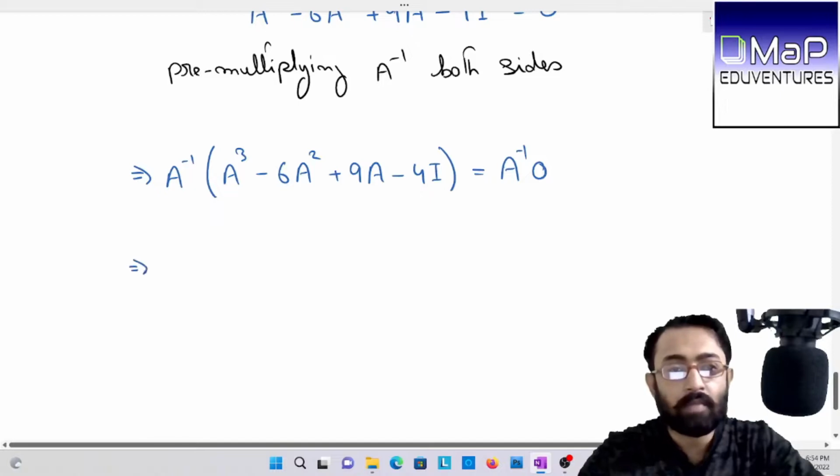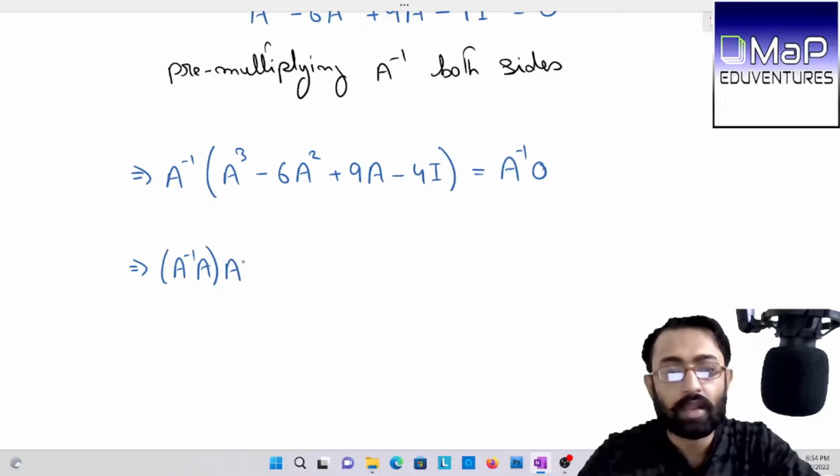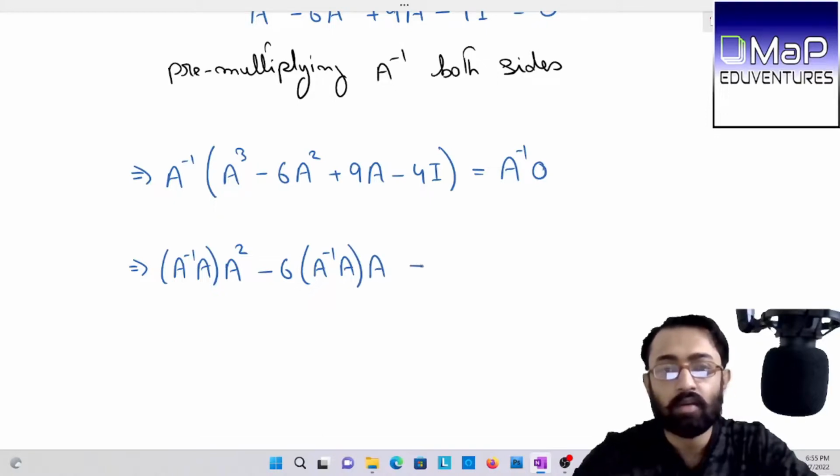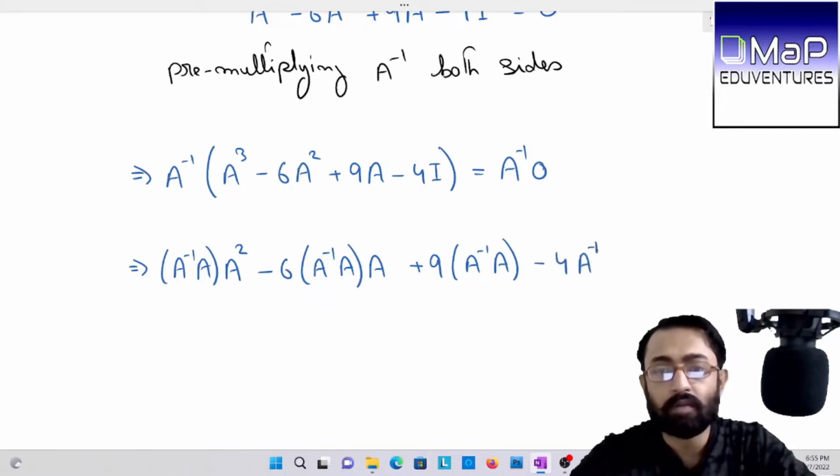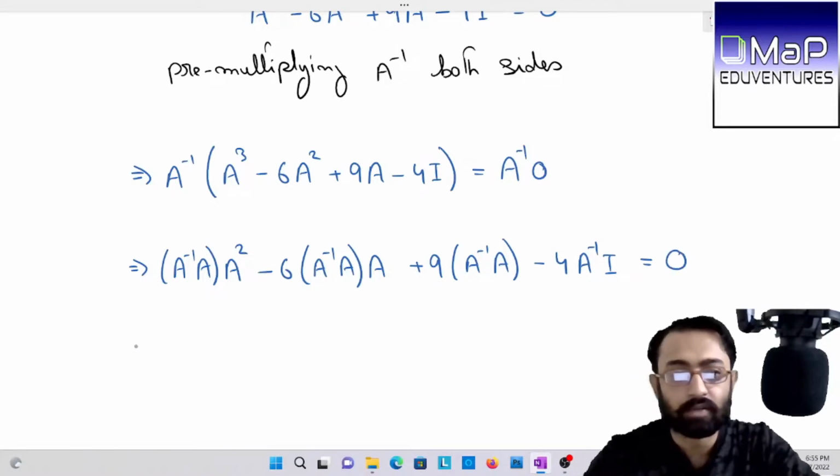Let me see what we get. Let me write A inverse of A times A square minus 6 times A inverse of A, and you will get A here, plus 9 times A inverse of A, and minus 4 times A inverse of the identity matrix. Now on the right hand side you are going to have 0 matrix.